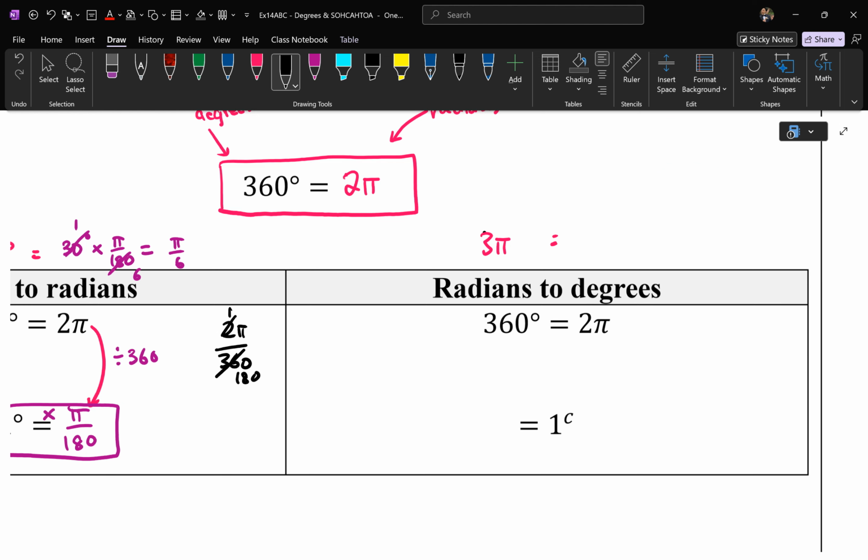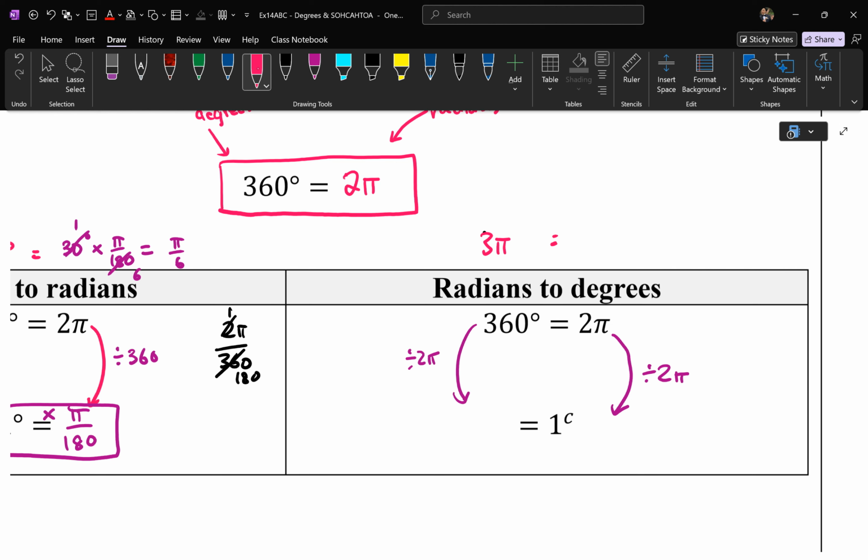Well, this is what we can do. We can do the same thing again. This time, I just want to know 1 radian. So 2 pi radians equals 360. To get to 1, I need to divide by 2 pi. 2 pi divided by 2 pi gives you 1 radian. But then, if you divide the right side by 2 pi, you divide the left side by 2 pi.